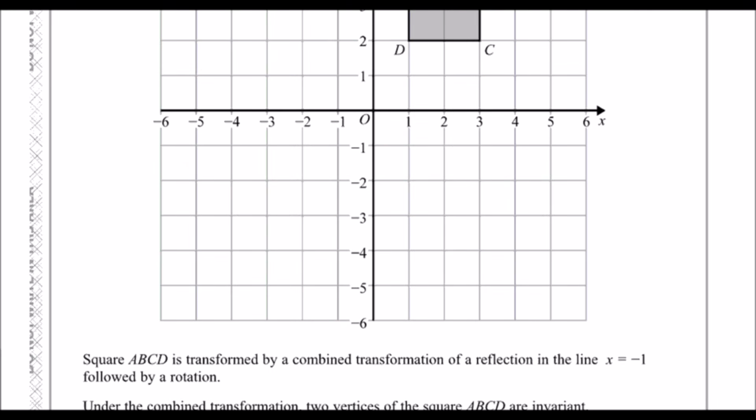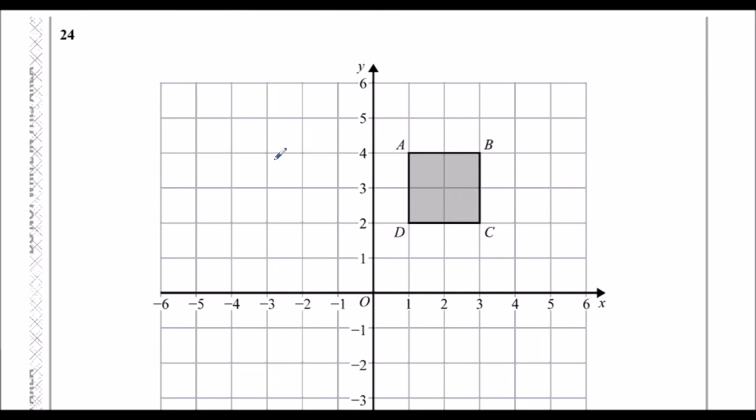So let's reflect it in the line x equals -1 first. So x is -1, that's this line. So we're reflecting the shape, our square, in this line. So A was 2 away from the mirror line, so 2 away on the other side. B was 4 away, so it's over here.